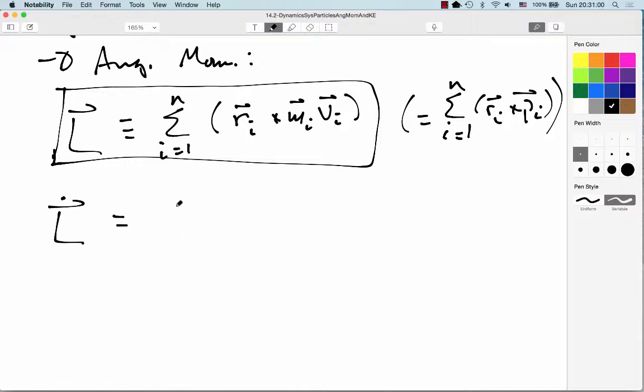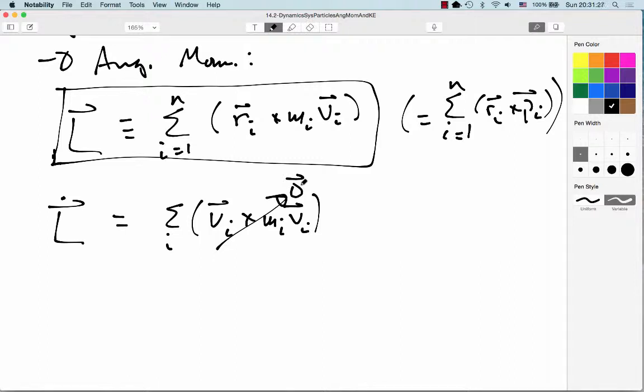If I differentiate this, the product rule is going to give me two terms. The first one, when I differentiate r_i, is just going to give me v_i cross m_i v_i. Oops, m is clearly not a vector. And this is 0 because anything crossed with itself is 0, because those are two vectors pointing the same way.